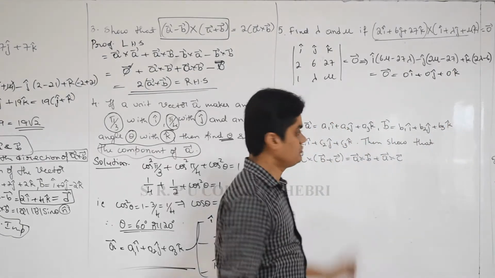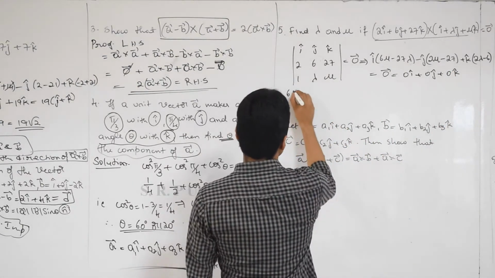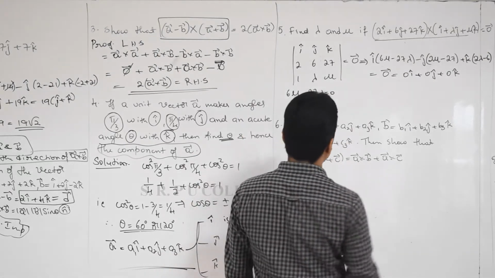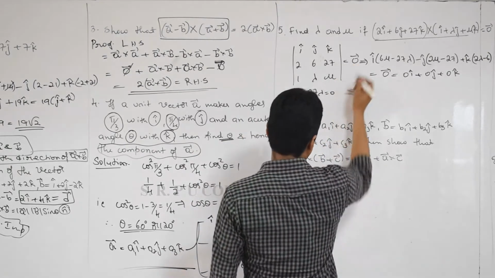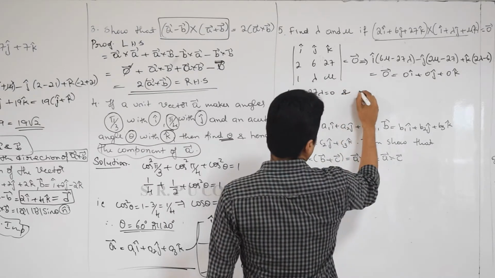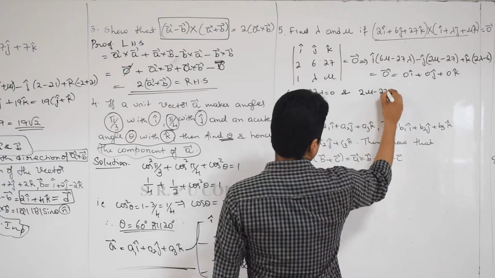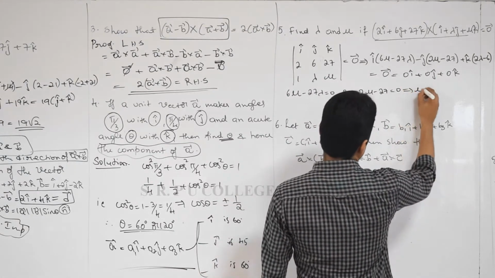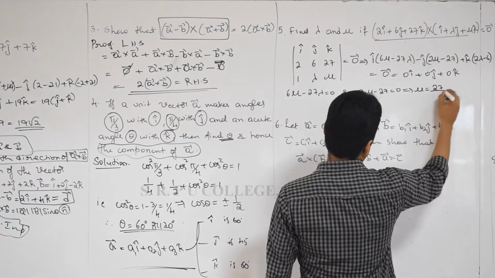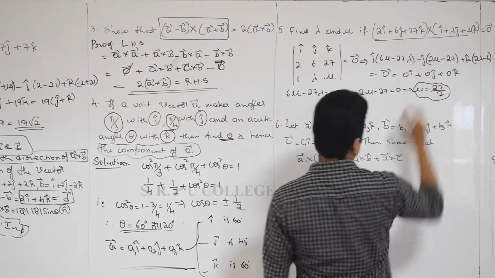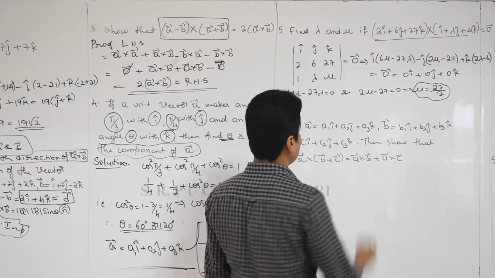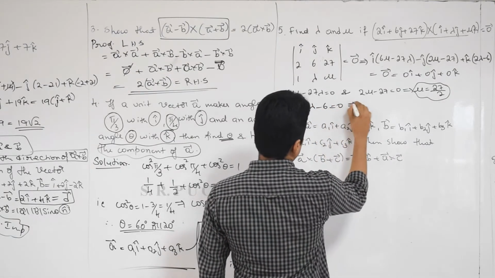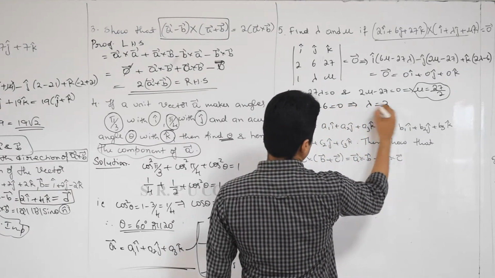Remember that. Now equate: the first equation is 6 mu minus 27 lambda equals 0, and 2 mu minus 27 equals 0. So this implies mu is equal to 27/2. We got one value. One more condition is there: 2 lambda minus 6 equals 0, which implies lambda is equal to 3.